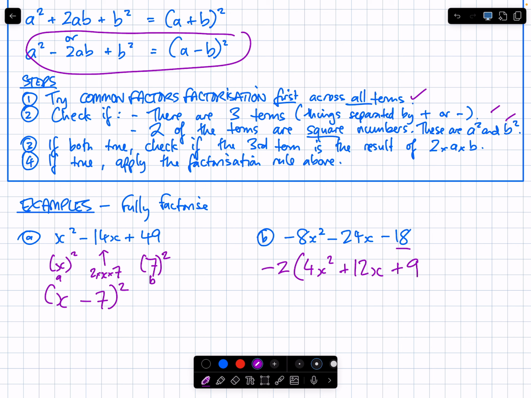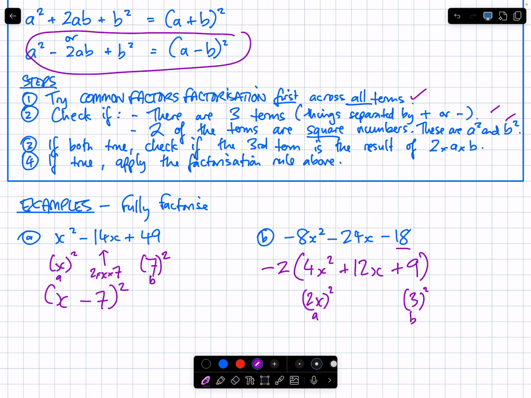Okay. There's no arbitrary reason why I did negative 2. Because if I've removed negative 2, is 4x squared a square number? What do I times by itself to get 4x squared? 2x. What number do I times by itself to get 9? 3. That's my A and that's my B. So my A is 2x, that's my A. What's my B? 3.